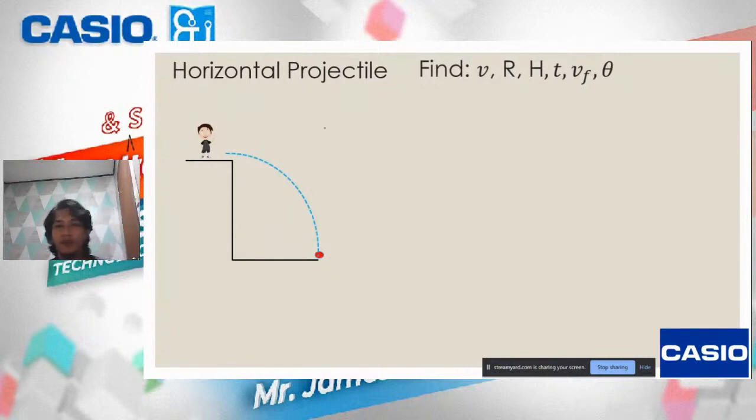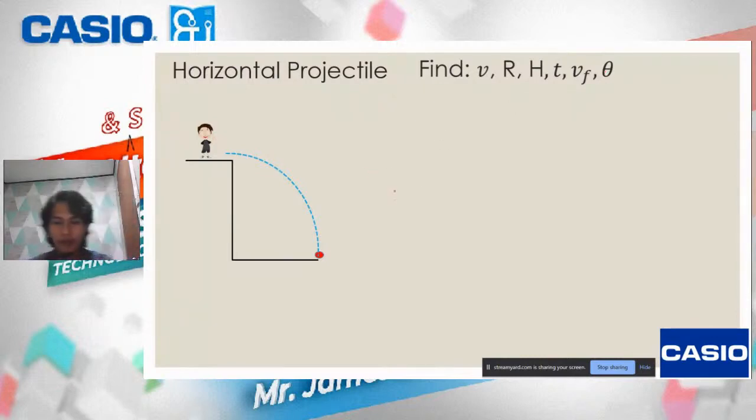Okay. So let's now look for the values of our initial velocity. So ano kayang initial velocity dito? Or our range, height, the time it takes or how long yung ating travel, and then yung ating angle.